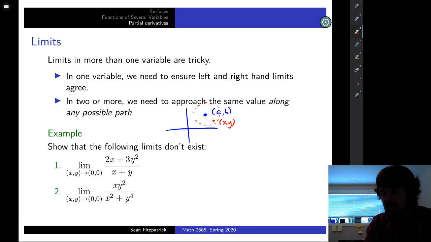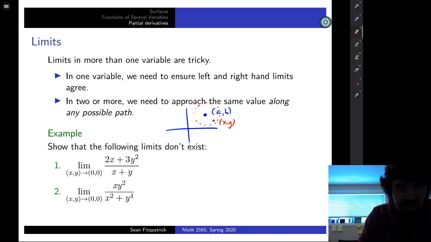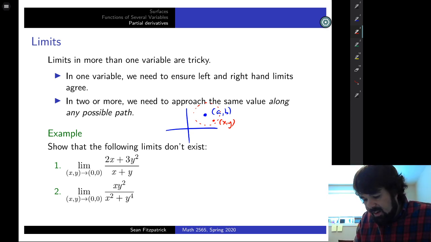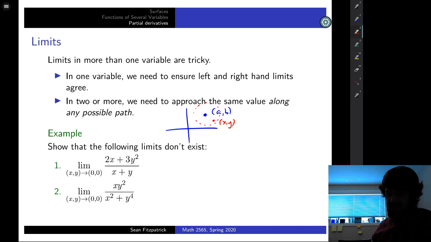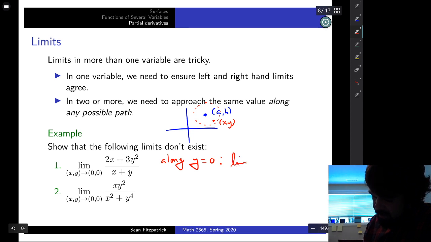And in order for the limit to exist, you have to be able to guarantee that you get the same value no matter what direction you approach along. And it's really easy to come up with examples where you get different values. So in this first one here, if I go along the x-axis, then I would get the limit as x goes to 0 of just 2x over x, I would get 2.